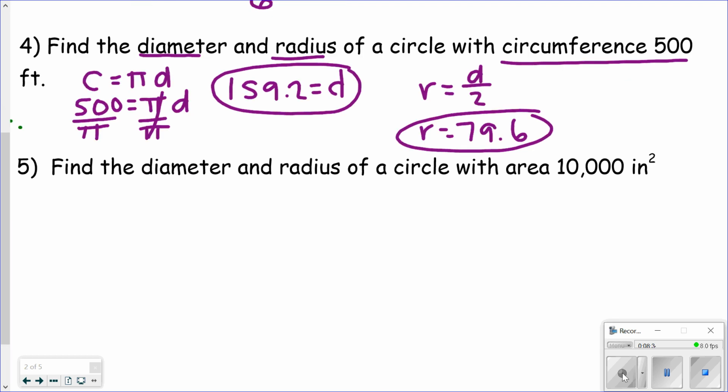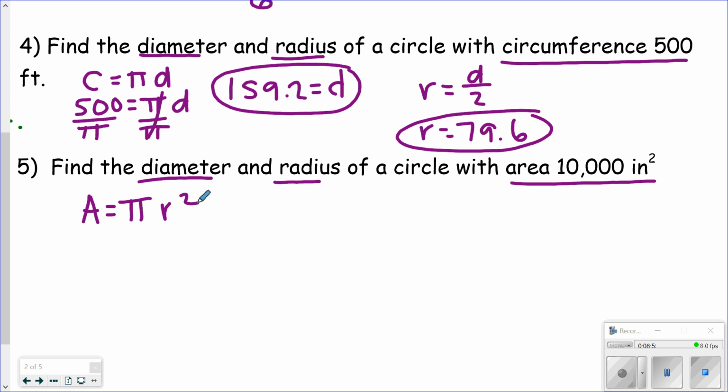Question number 5, we want to find both the diameter and the radius of a circle that has an area of 10,000 inches squared. So we know that the area formula for a circle is pi r squared, and so we're going to have to find the radius first.